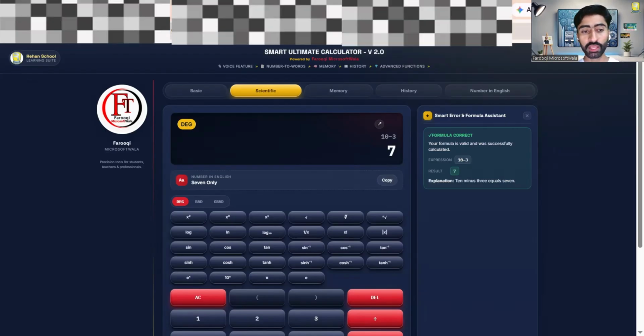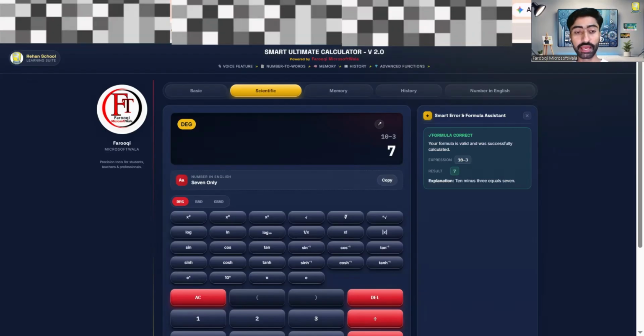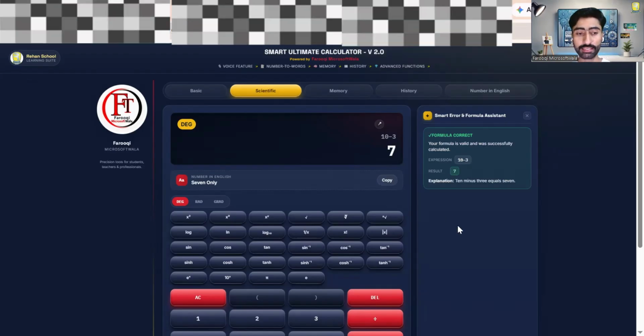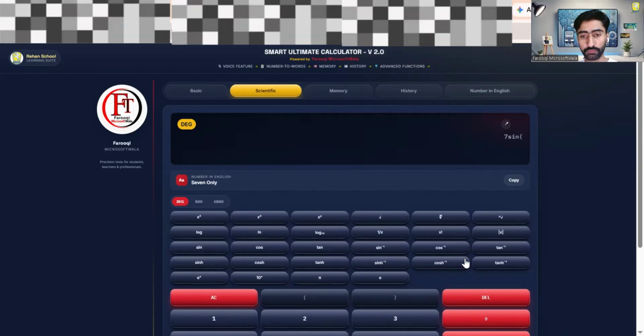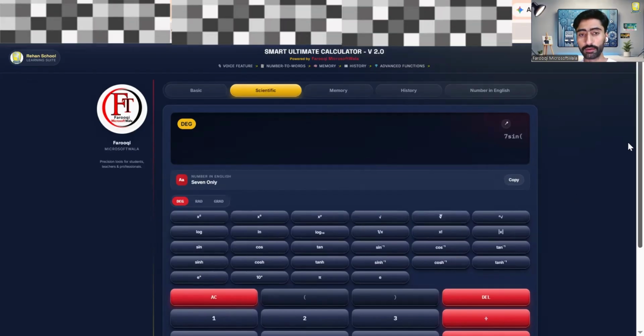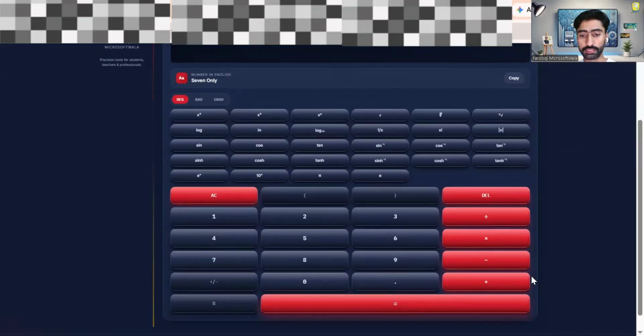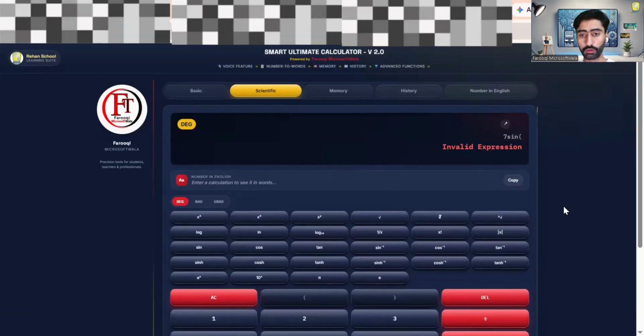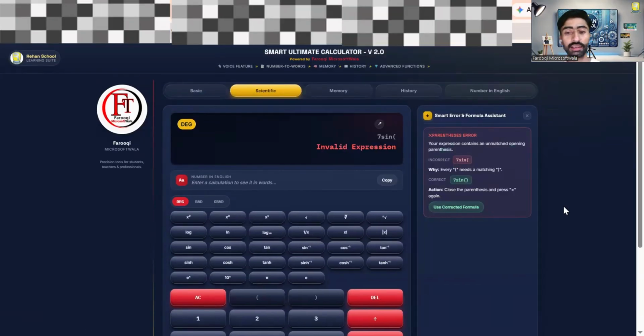Let's start with the trigonometric functions. The main trigonometric functions are sine theta, cos theta, and tangent. Let's see how it's performed. Sine theta. If you click on enter, invalid expression. You can see that our formula is incorrect.